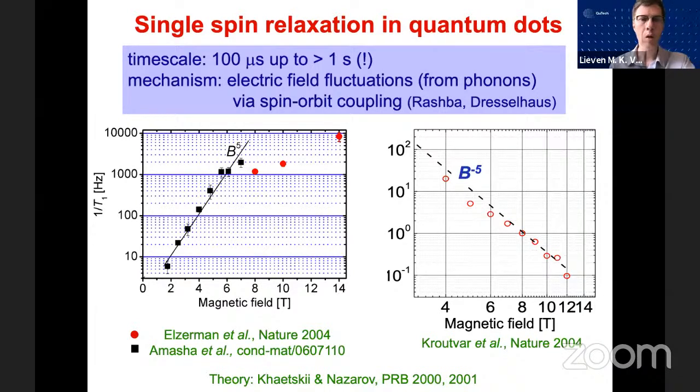And this indirect coupling of electric fields to spin via spin orbit coupling will also come back in the control in a moment. And we know it's phonons and the spin orbit mechanism from the very steep dependence of the relaxation time on the magnetic field. Look at this, a 5th power dependence. So going to low field very rapidly, the T1 just goes through the roof.